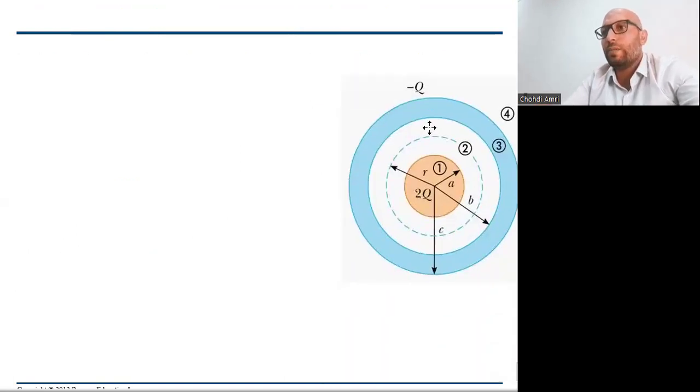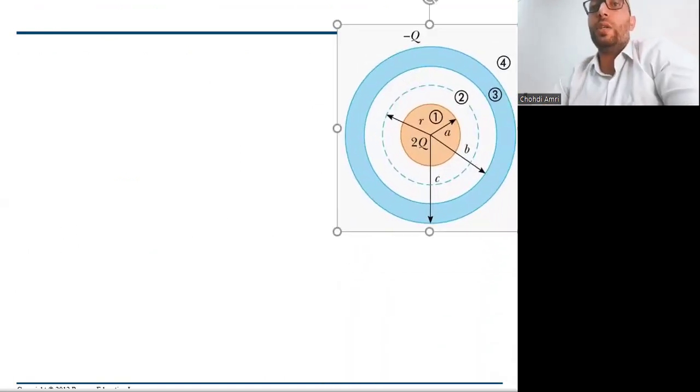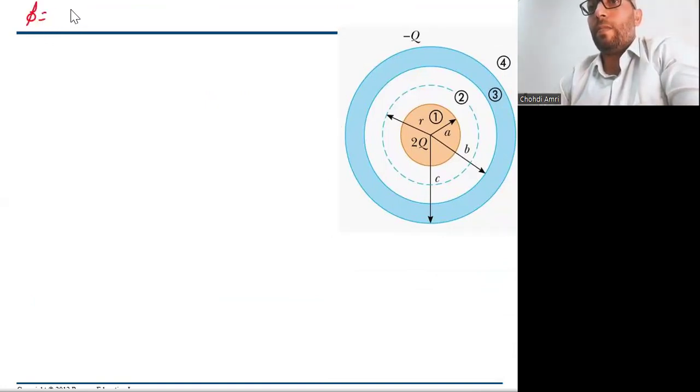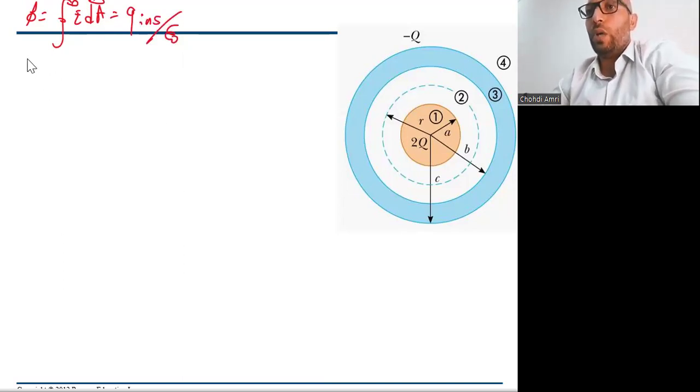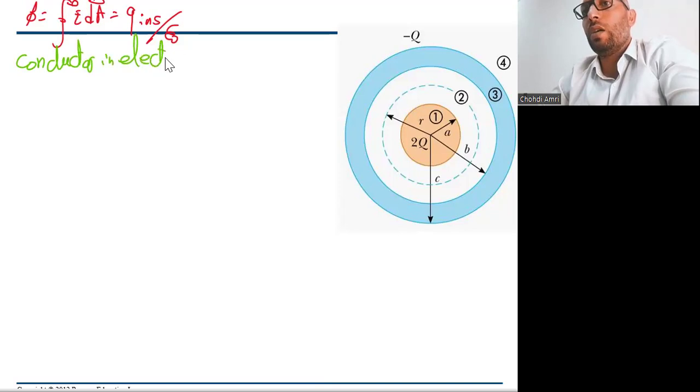Gauss's law says the integral of E dot dA equals Q inside divided by epsilon naught. But now we are talking about a conductor in electrostatic equilibrium.